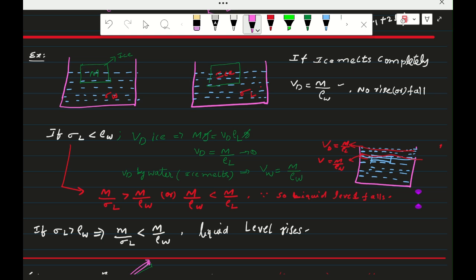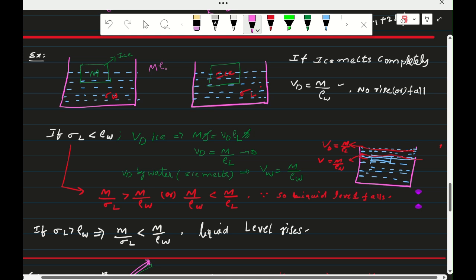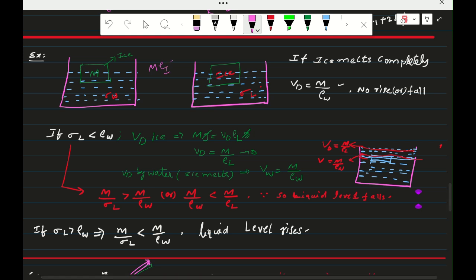When it is in the case of ice, mass into density of ice you have to take, right? Volume of the ice into density of the ice is equal to volume immersed into the density of water into g. So these two are not equal, right? Even when the values are equal, these two are not equal, because this volume is the immersed volume.